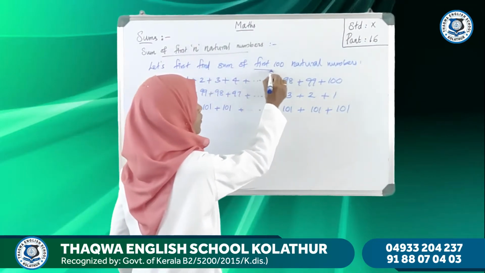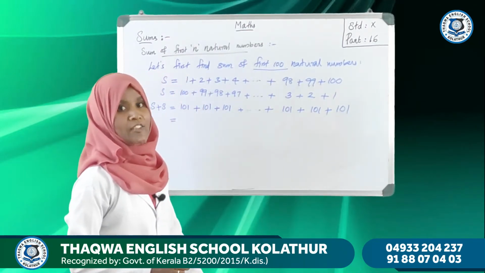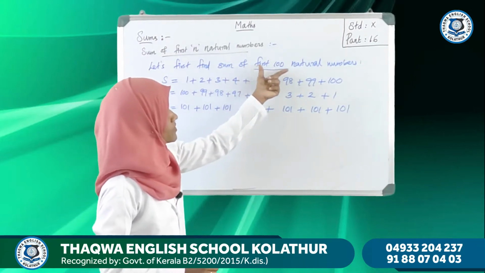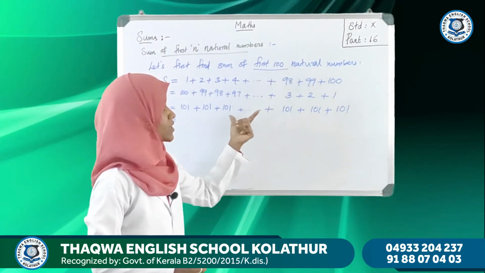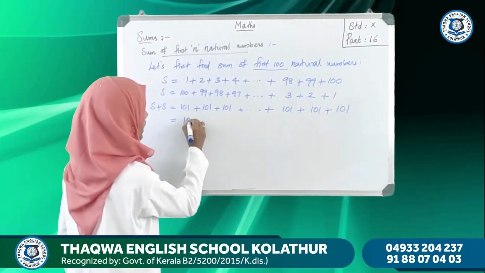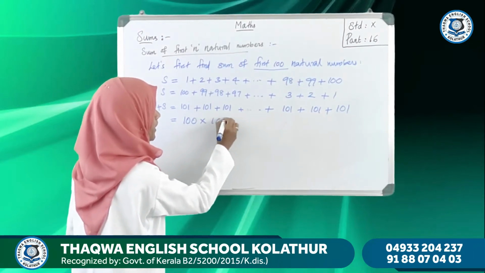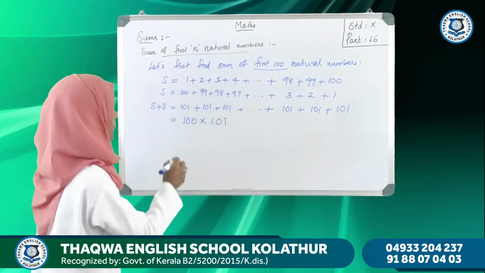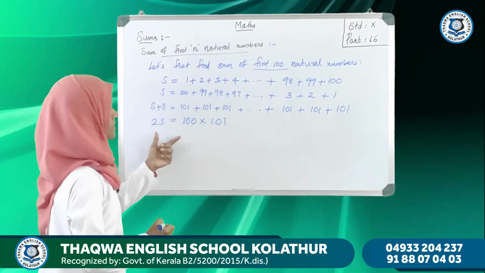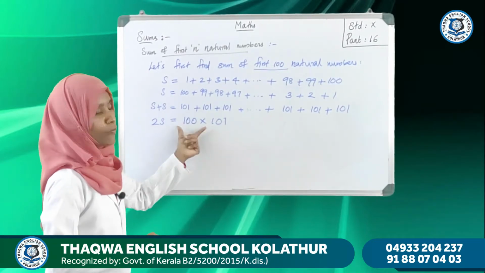We take the first 100 natural numbers. So from this we get 100 times 101. Or 2S is 100 into 101.